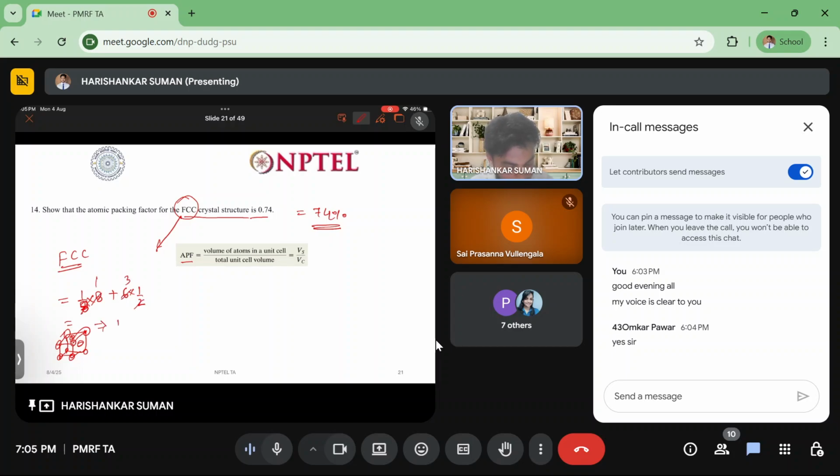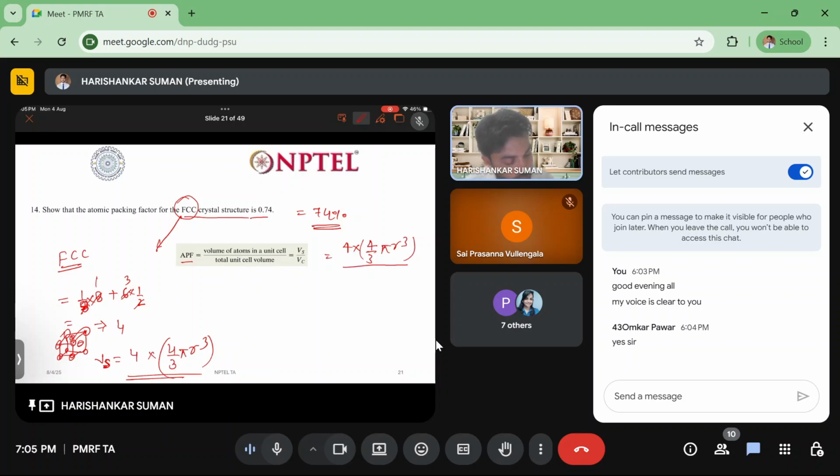So this is 4 atoms, and one atom has a volume.